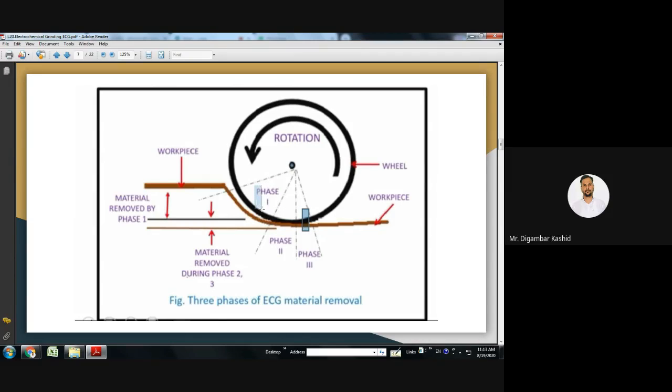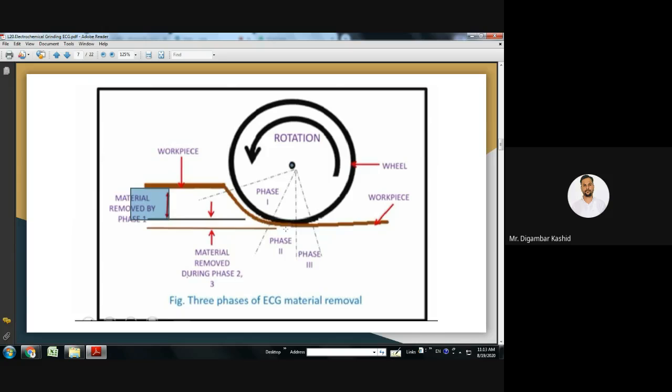So in phase 1 material removal will take place. You can see this red line arrow. There the interior gap will be higher, so material removal will take place due to electrochemical dissolution.